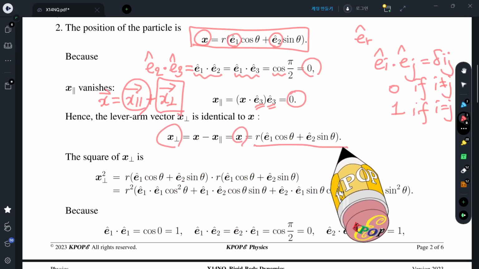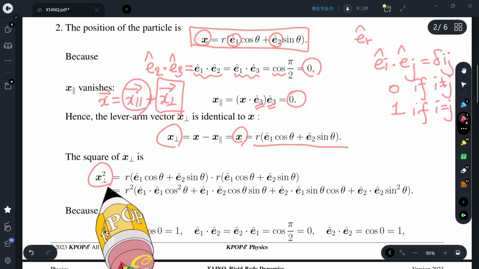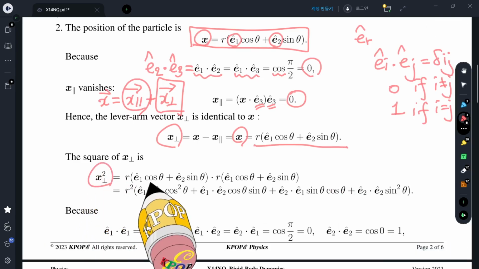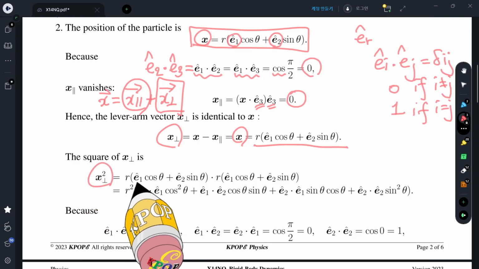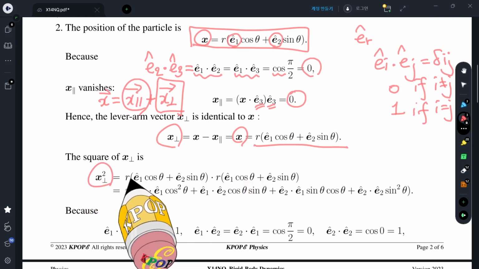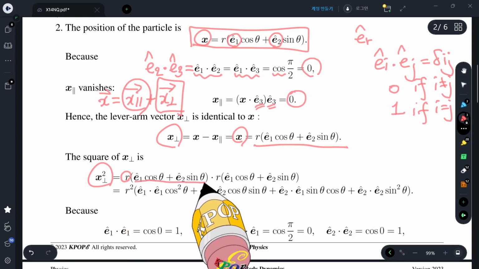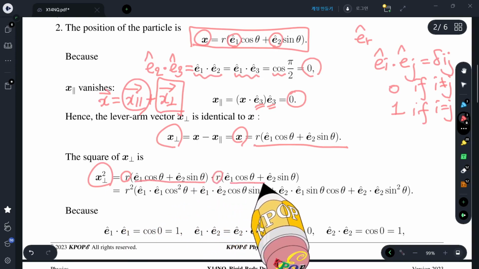If I square this lever arm vector, it is very useful to understand the rotational inertia, because mass times x perp squared is the rotational inertia or moment of inertia. The square of x perp can be computed by taking the scalar product of itself, e_r dot e_r times r squared.